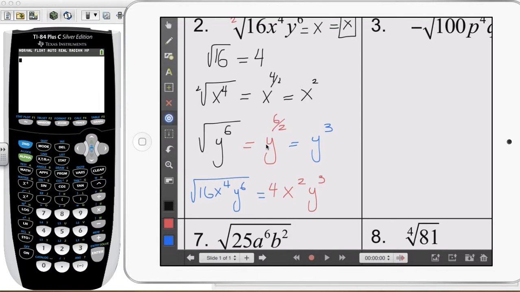So that is an example of how to simplify different variables and a number under the square root.